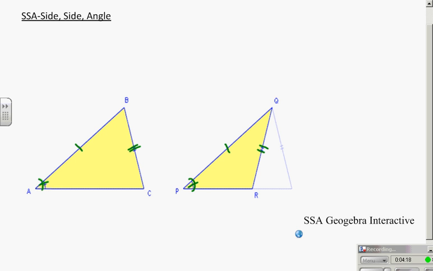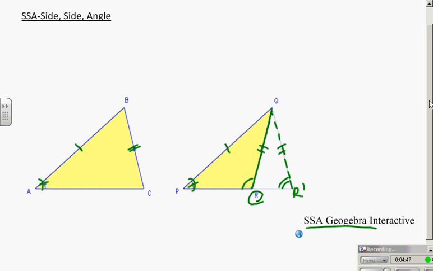Sometimes it will prove them congruent, but in certain situations, I could also swing this length right here out to the same length. And so here I have an obtuse angle, here I have an acute angle, but this one is certainly congruent, and this one is not.